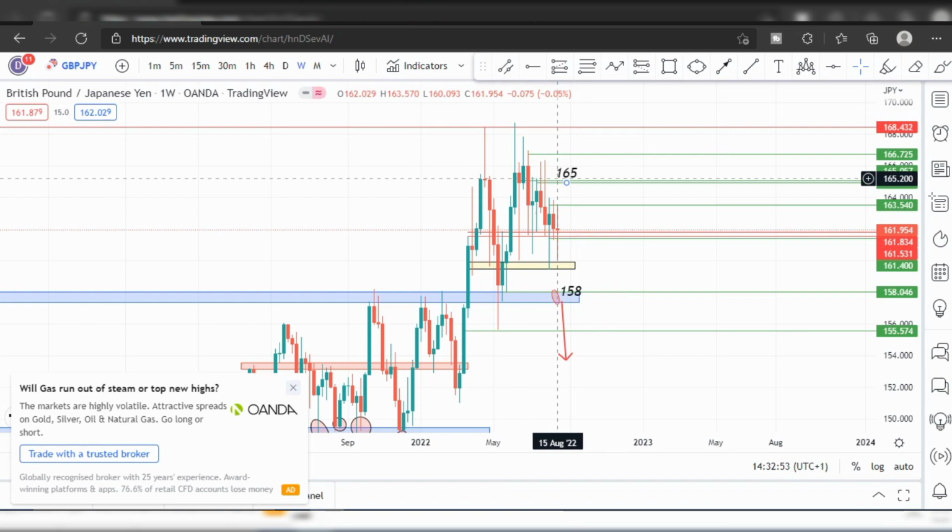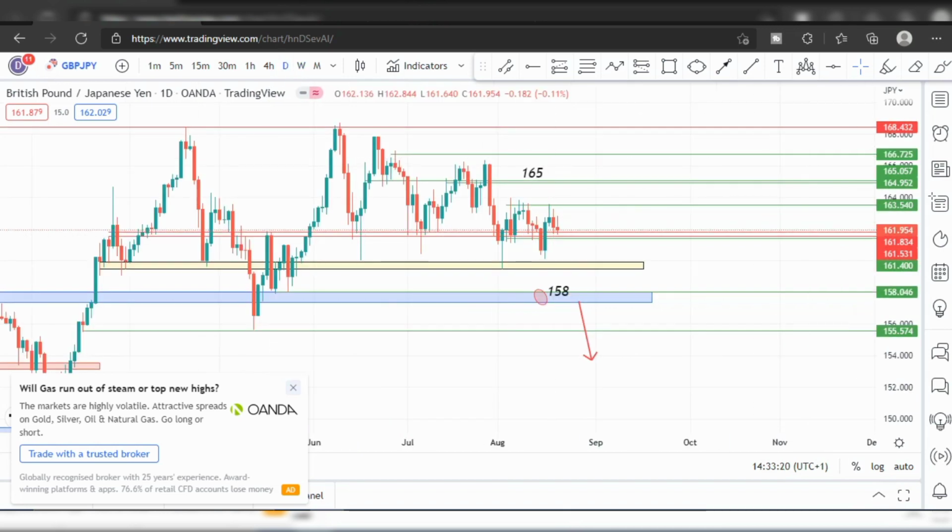But if by chance any weekly candle ends up closing strongly bearish, breaking below that 162 area and closing below it, then most likely price would continue to the downside. As you can see, no price has closed below that area in a while. It has wicked through it, but hasn't closed below it on the weekly time frame. So any weekly candle that closes below that area would indicate that price would continue to the downside.